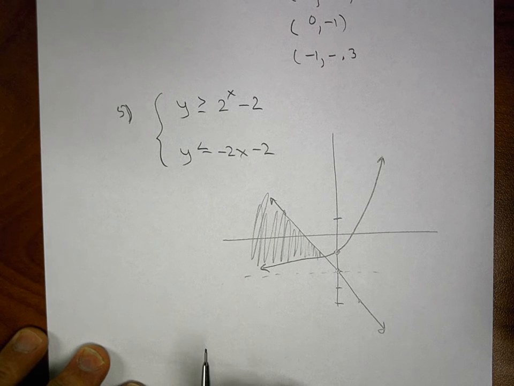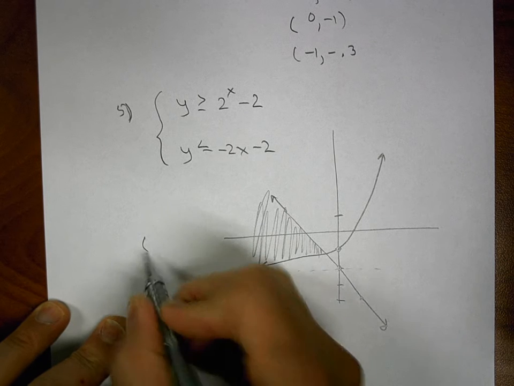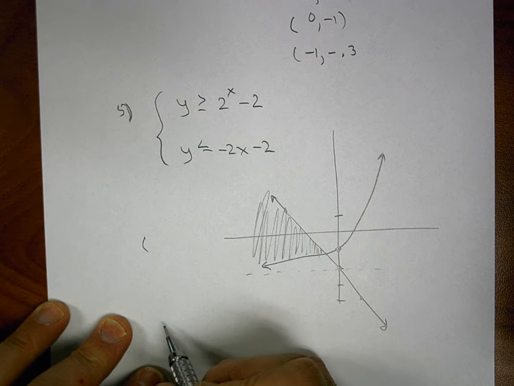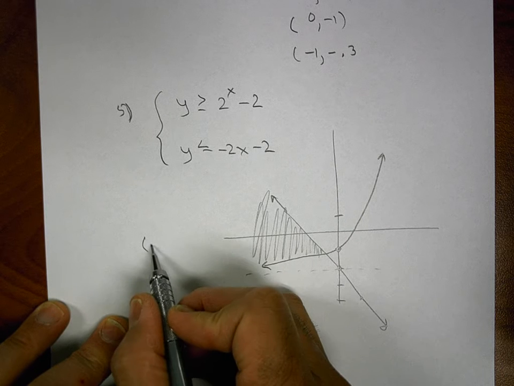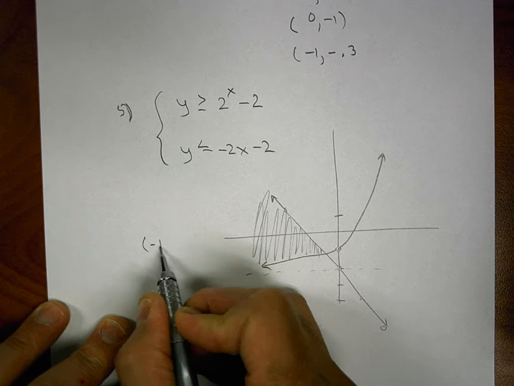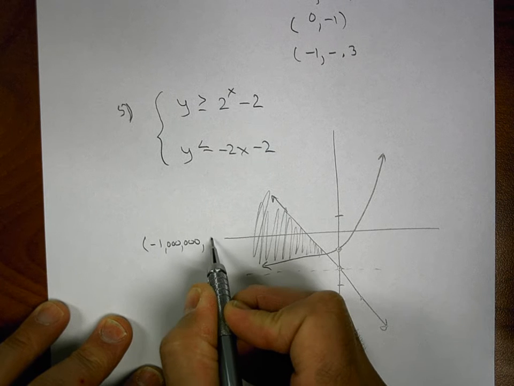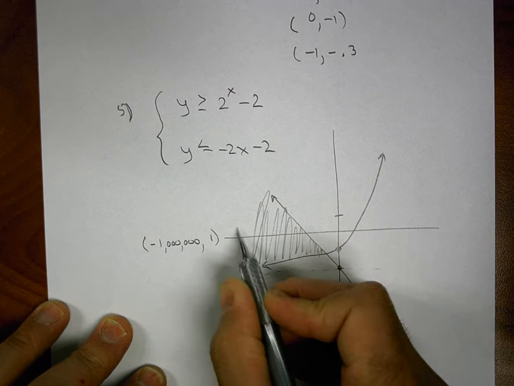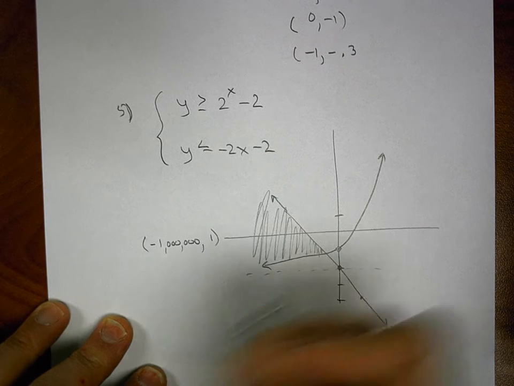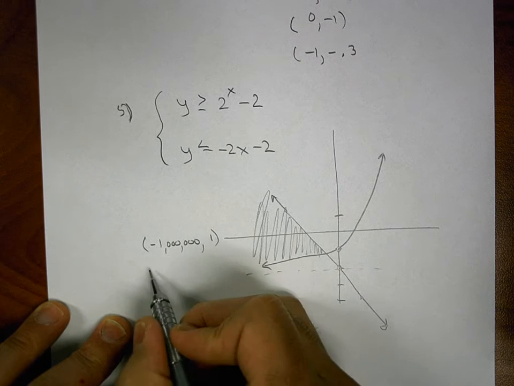Let's name 2 points. Okay, where's a point in this solution? There's 10 trillion, billion, an infinite number. Negative a million, comma 1. Do we agree that that's in the solution shade? It is a solution. What's another one? Negative a million and 1.